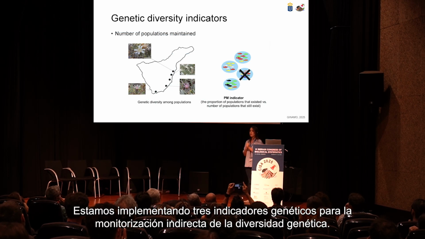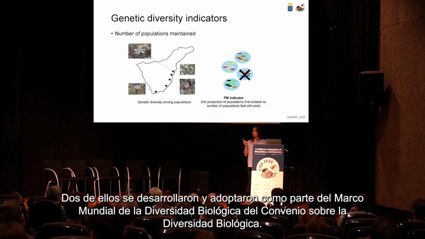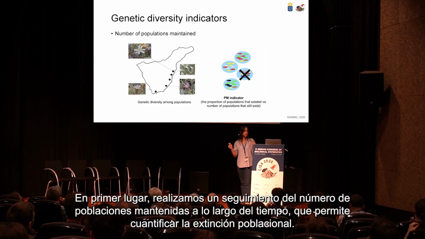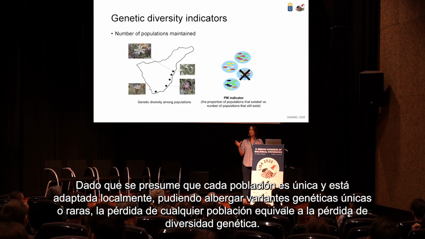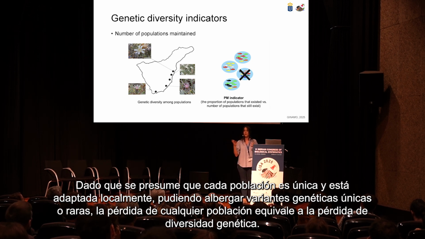So we have established three main genetic indicators so that we can indirectly assess genetic diversity, two of which were developed by the Global Biodiversity Framework. So first of all is the number of populations maintained over time, which is a measure of population extinction. So if we assume populations to be distinct and locally adapted, then if a population becomes extinct, we can equate this to a loss in genetic diversity.